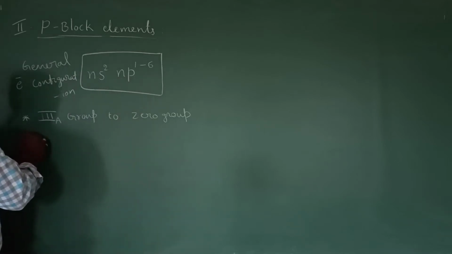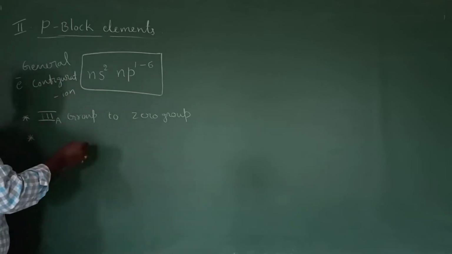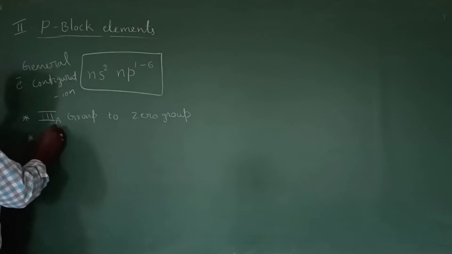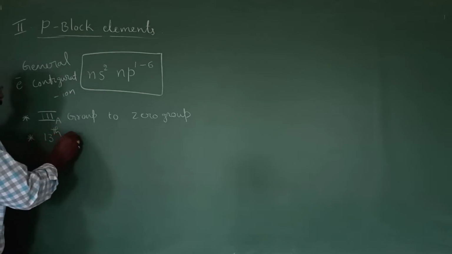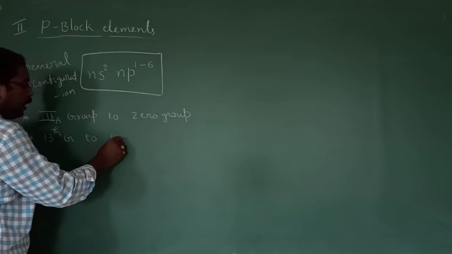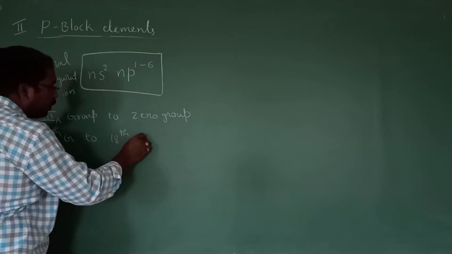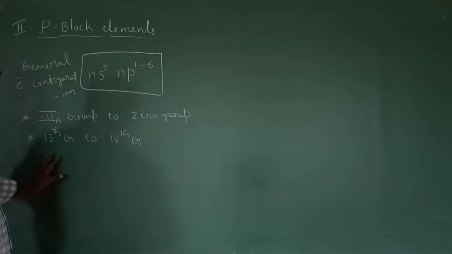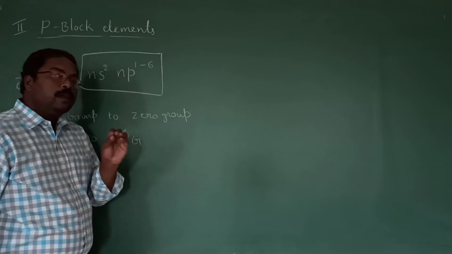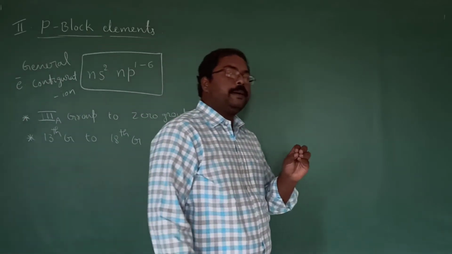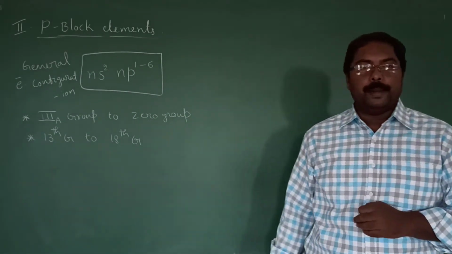Or in simple numbers, p block elements are from 13th group to 18th group. So a total of 6 groups come under p block elements.